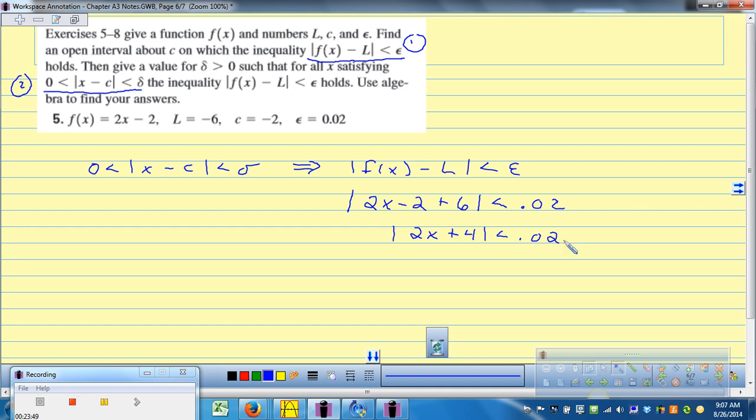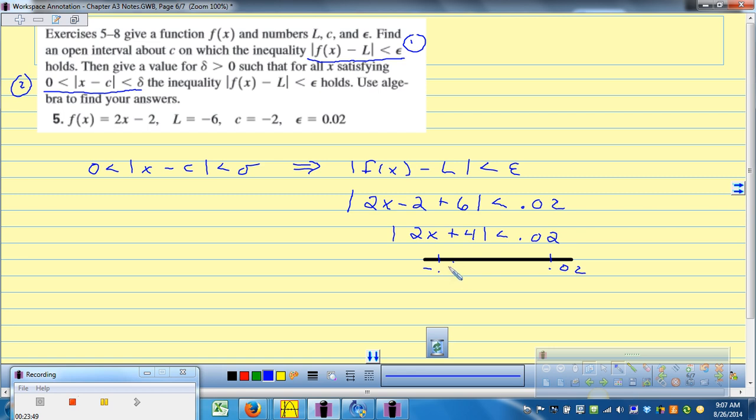How do we solve an absolute value inequality? Well, if we have an absolute value of anything and it's less than 0.02, that means for the distance, because the absolute value is the distance, to be less than 0.02, it's going to be less than 0.02 or what?